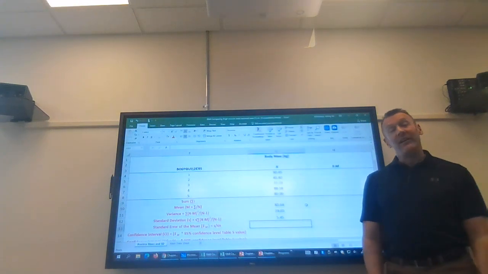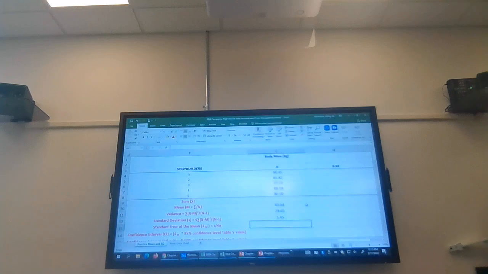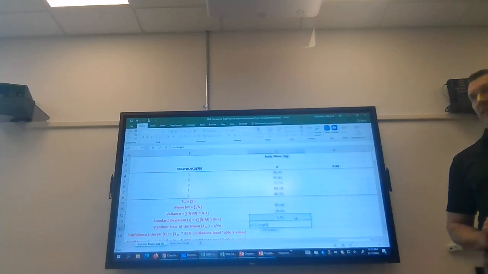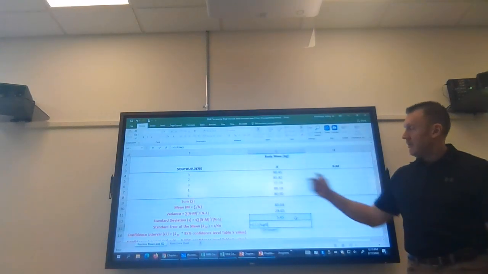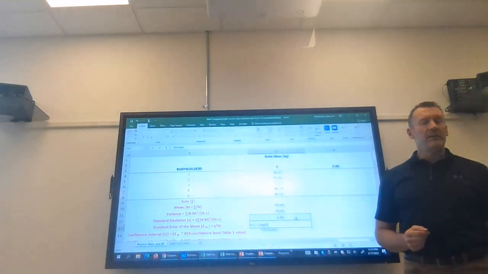So standard error, how do I get that? So that's the standard deviation divided by the square root, SQRT, and what's n? And yeah, that would just be the number of scores or number of people.